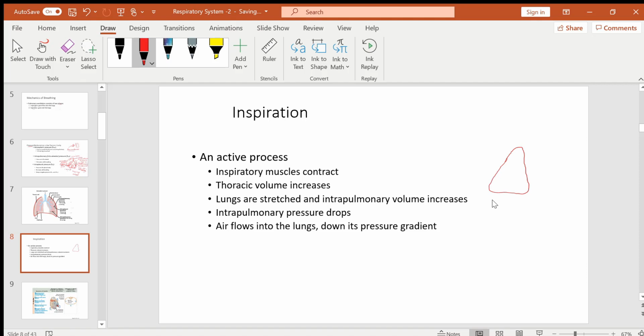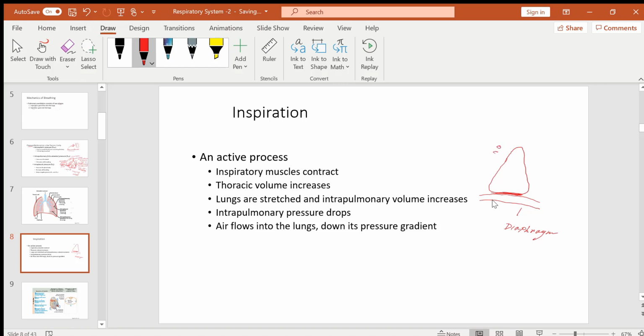Okay, you must remember that lung is sitting on the diaphragm. So this is the muscle called diaphragm. Okay, and the base of the lung is strongly attached to the diaphragm by fibrous tissue. Okay, and this is the chest wall here.